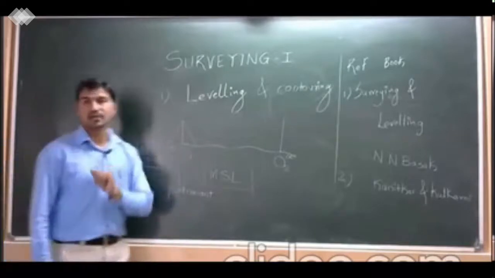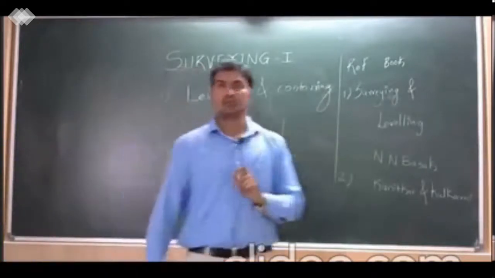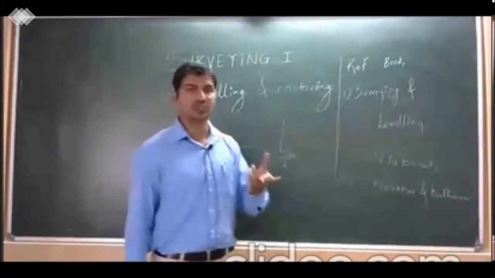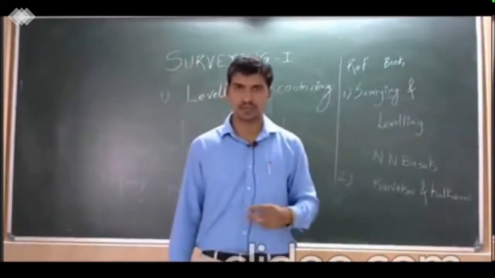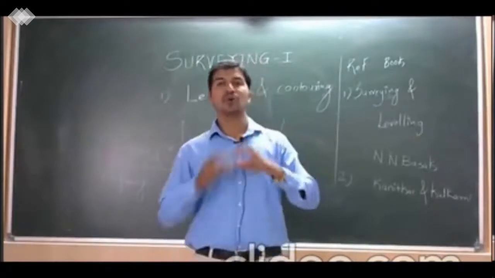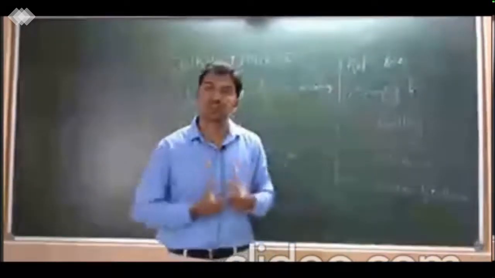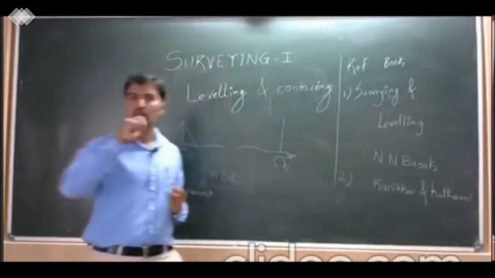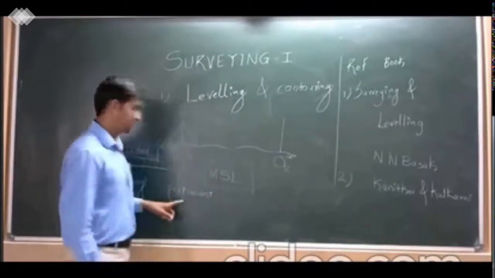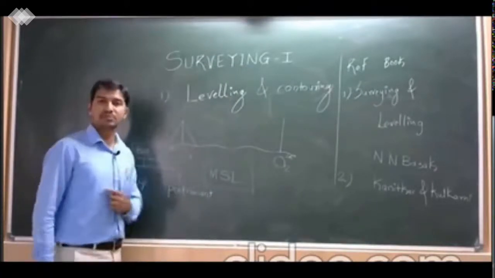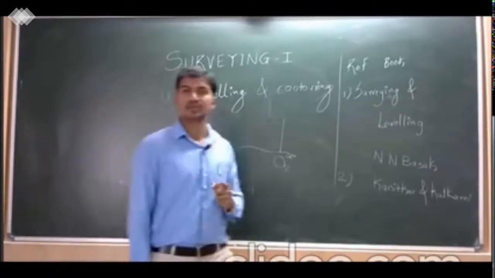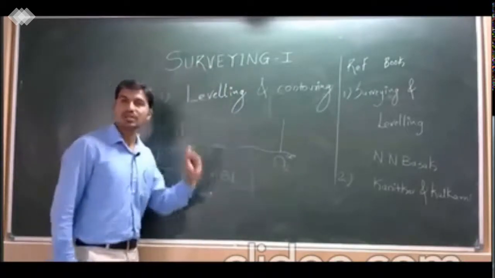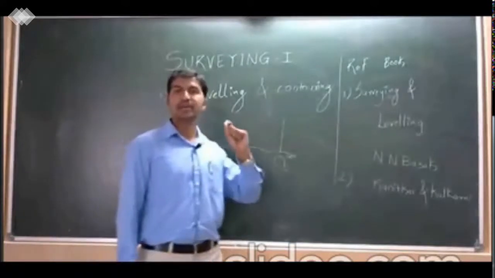Now what about the permanent benchmark? All of you have heard about the construction of dams, canals, bridges. For construction of all such important infrastructural projects, we have to take a fixed or permanent benchmark. How to take the permanent benchmark? Where is it written? Permanent benchmarks are marked on each and every government building.